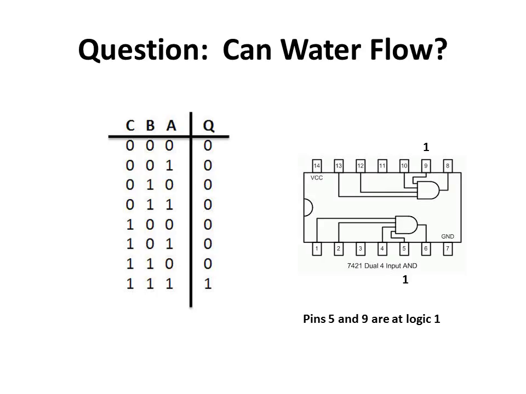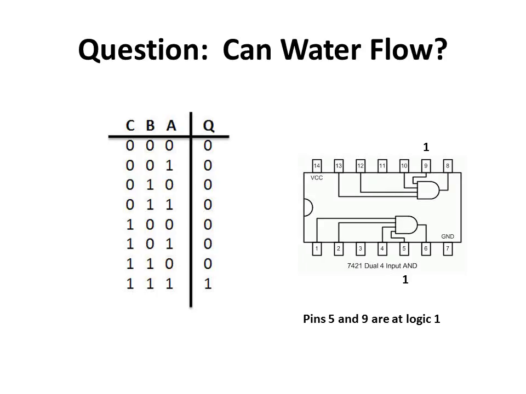Now, we don't need all 4 inputs. So you can see the numeral 1. That means I apply logic 1 to pins 5 and 9, leaving the remaining pins for sensing the condition of 3 valves.